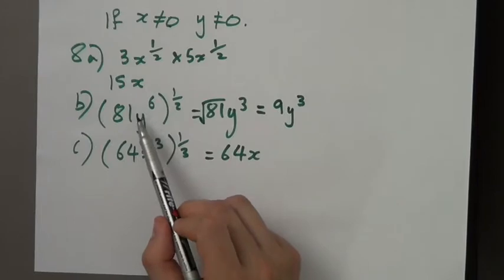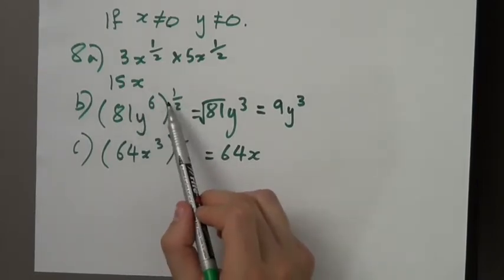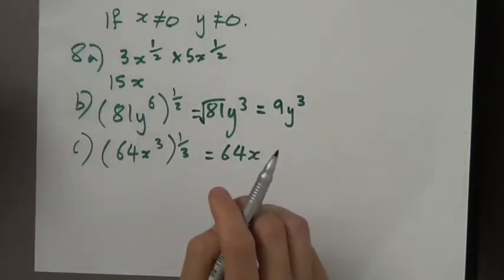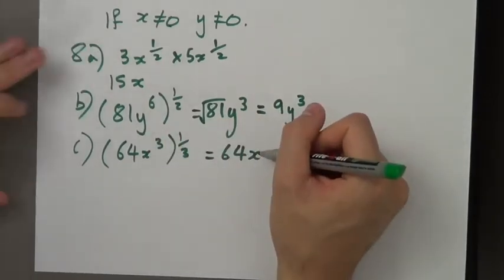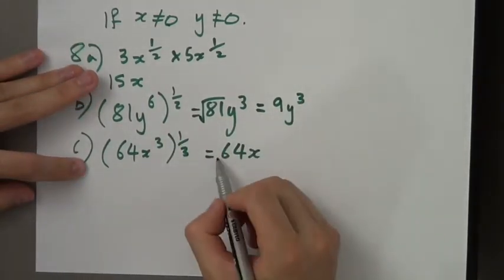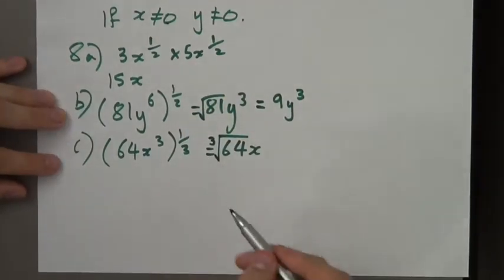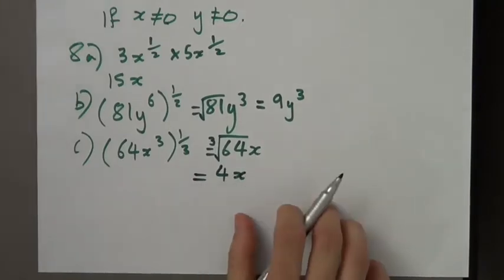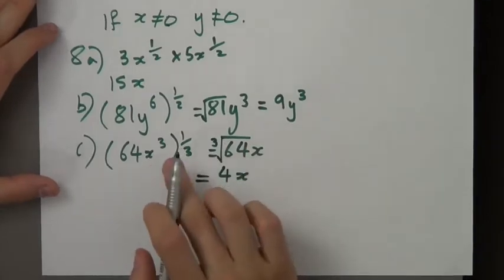So this works to the indices, but then remember that actually it's also the square root of 81. And here, same principle, x is fine, but actually the 64 is cube rooted. And if you did that on your calculator, you would get 4. So the answer is that. Yeah, I completely forgot about that.